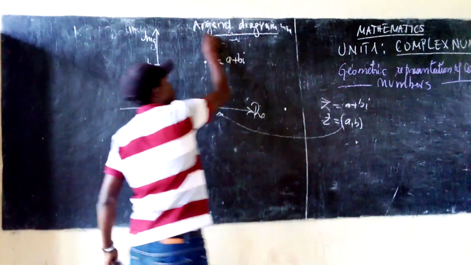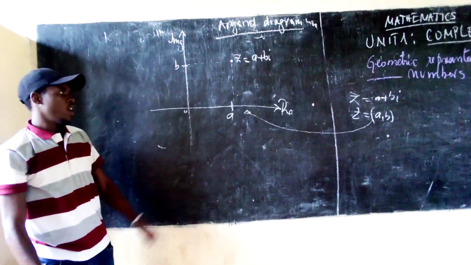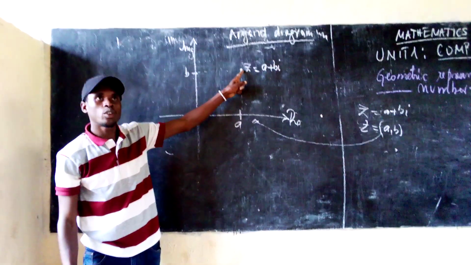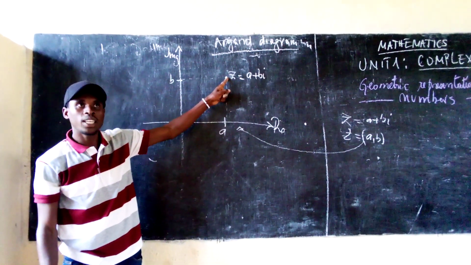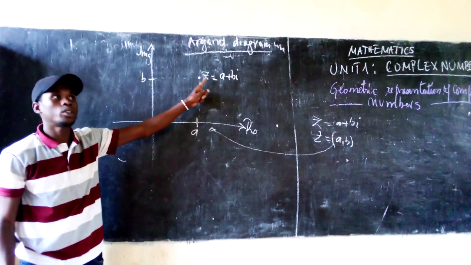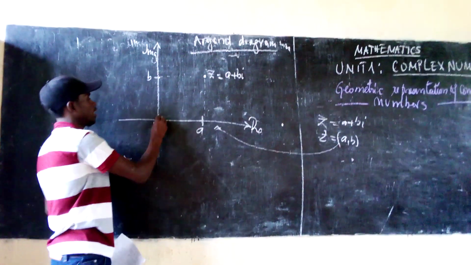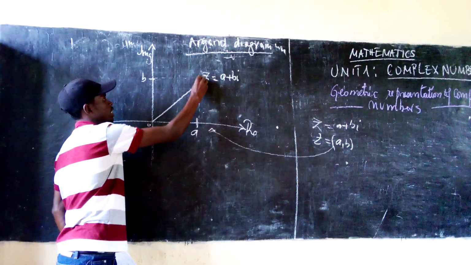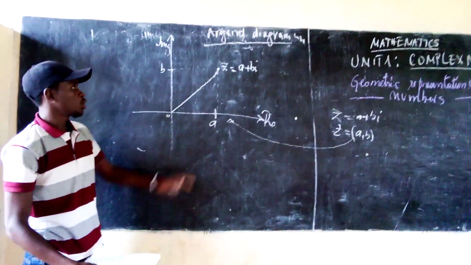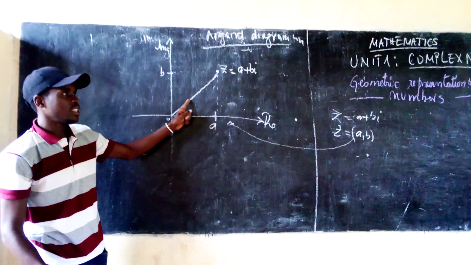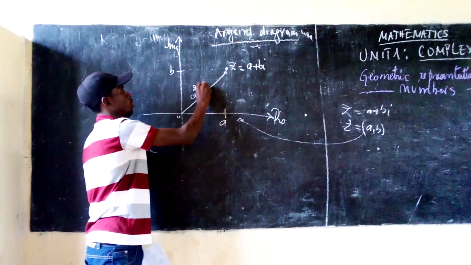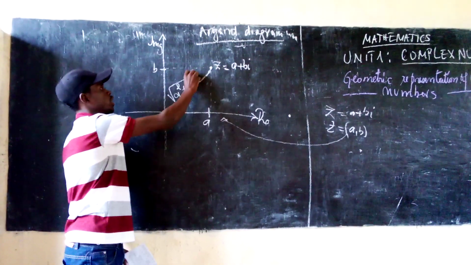So, from the origin up to the point corresponding to the complex number, the distance is the square root of a squared plus b squared.